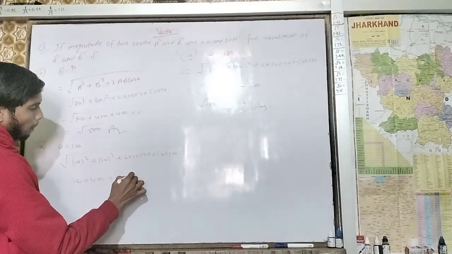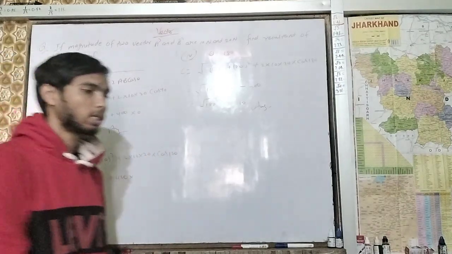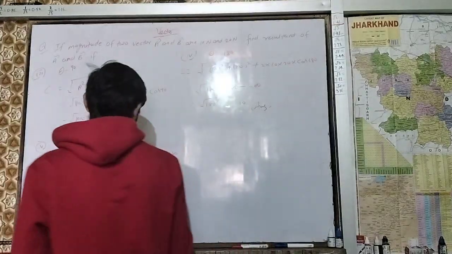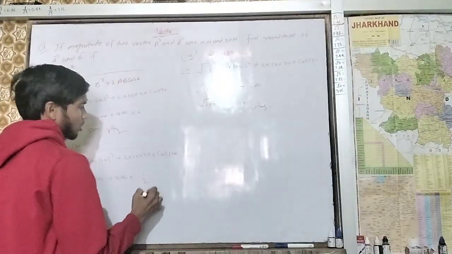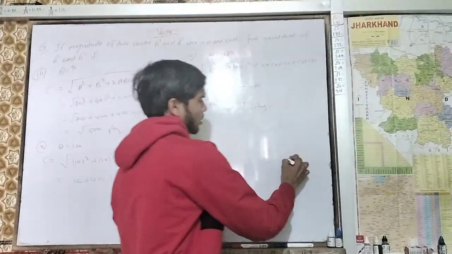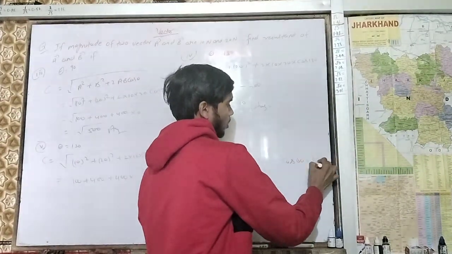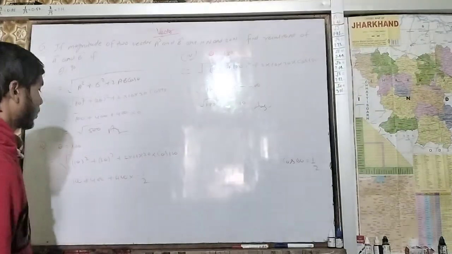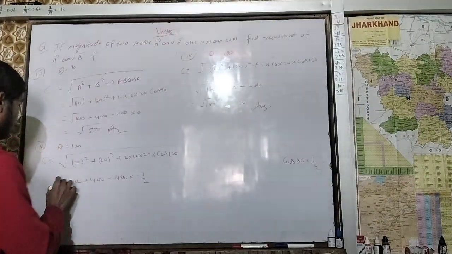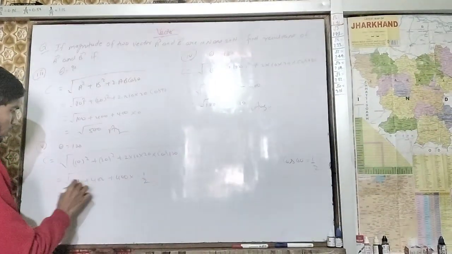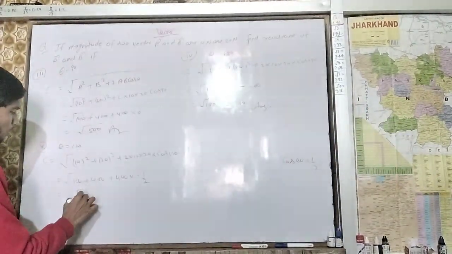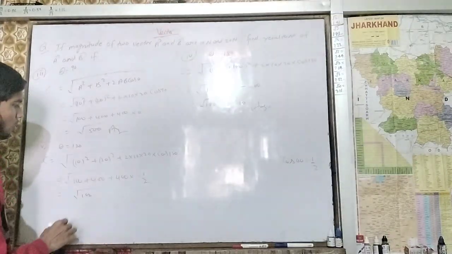Cos 120 is equal to minus 1 upon 2. Cos 60 is equal to 1 upon 2, so just the opposite of this would be minus 1 upon 2. That's it. So 500, then minus 400.